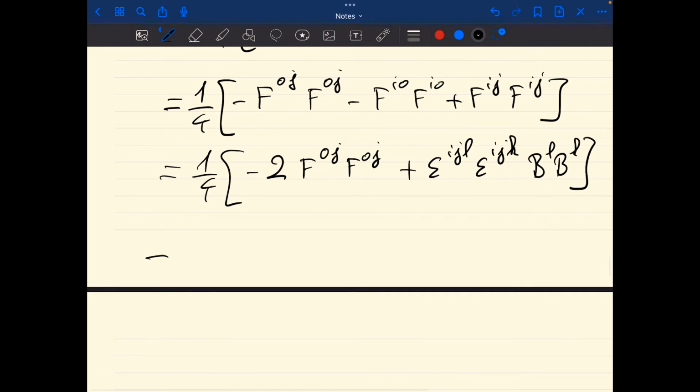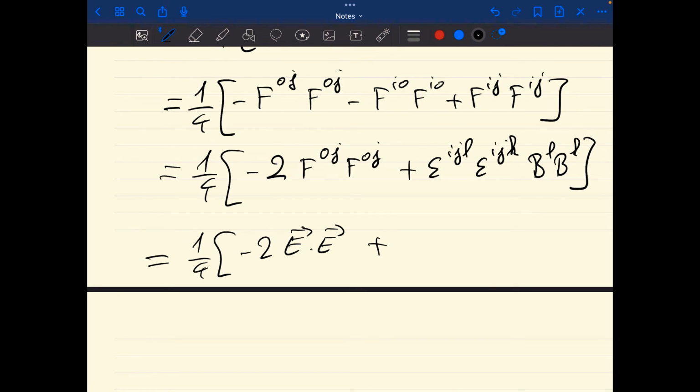Okay, so the first term here we recognize two electric fields, so that's 1/4 of minus 2 E scalar E. And what we have here is the scalar product of B, and it's actually 2 times the scalar product of B with B, because as we can see, l and k have to have the same value, and for a given value of l, we have (i, j) and (j, i), which give the same value because we have here a product of the same epsilon tensors.